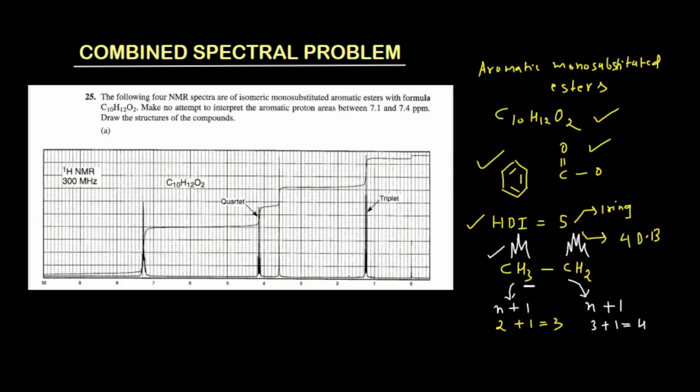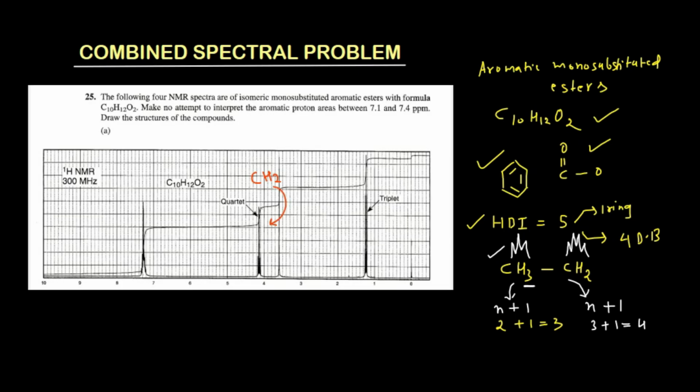This is exactly what is given here, a quartet, and a triplet. But the very important information you are getting from this spectrum is that this quartet is at 4.1 ppm. That means this CH2 is highly de-shielded, it is resonating here. So basically this particular signal is due to the 2 methyl protons.